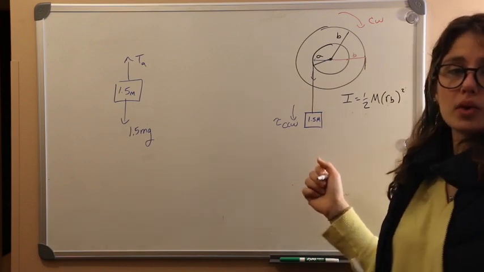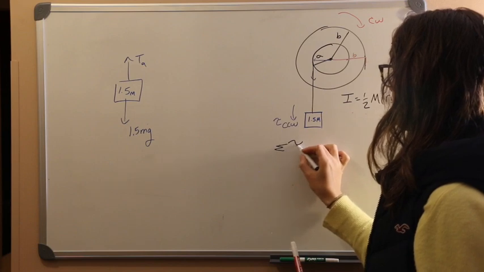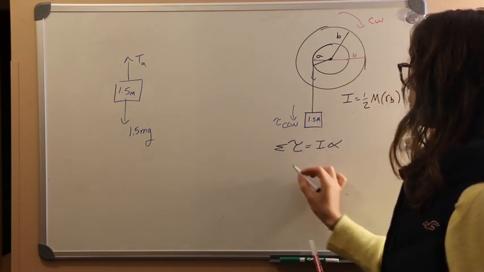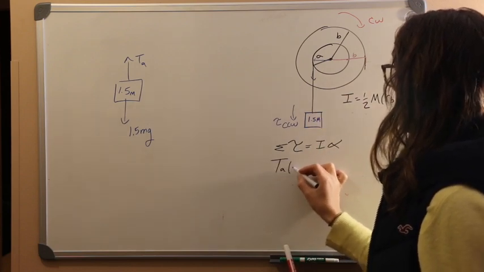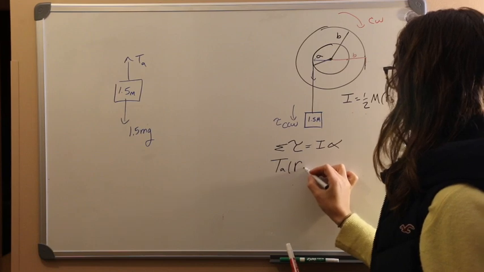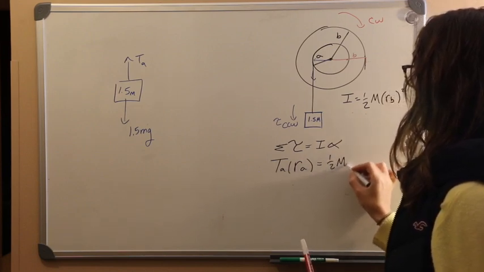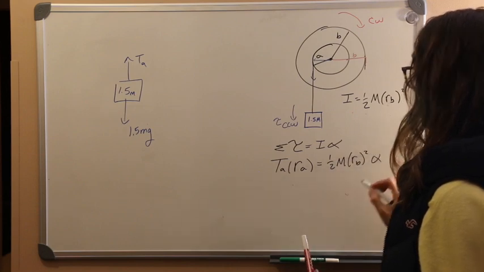Let's go ahead and we'll sum torques here and we'll sum forces here, and then we can combine the two. So for here, I'm going to be careful to call this tension, TA, at a distance R, equals our I value, 1/2 m RB squared, and alpha.